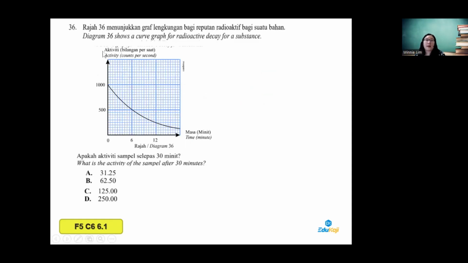36. Diagram shows a curve graph for a substance. So what is the activity of the sample after 30 minutes? To get this, you need to know the half-life first. What is the half-life? Initial amount is 1,000. Half of it is 500. So you draw the horizontal line and vertical line.